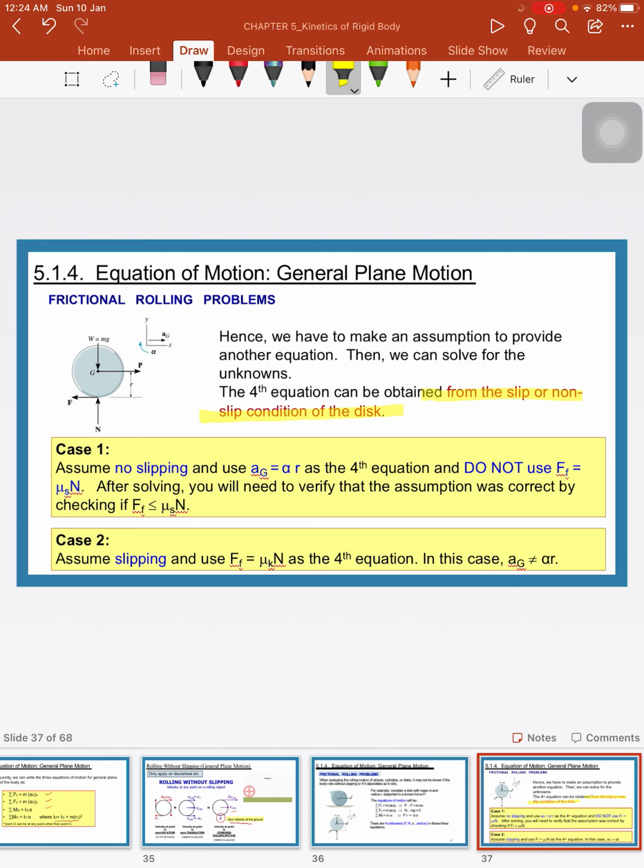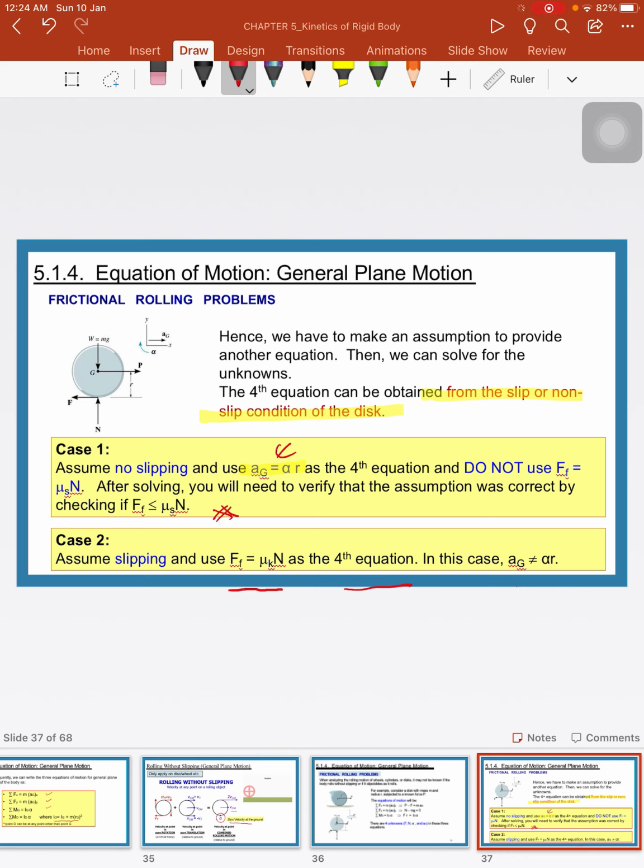So for case 1, assume no slipping and use aG equal to alpha R as the fourth equation, and do not use Ff equal to mu s N. After solving, you really need to verify that the assumption was correct by checking if F is less than or equal to mu s N. And case 2, assume slipping and use Ff equal to mu k N as the fourth equation.